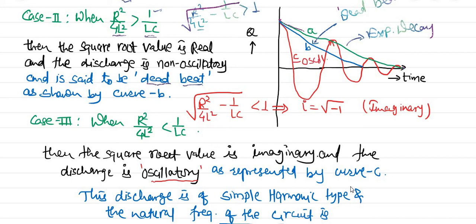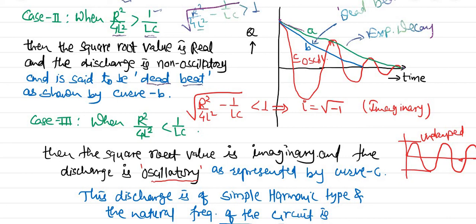This one is non-oscillatory, but the red color curve C, by looking at the curve you can see it is oscillatory, but obviously damped, because the amplitude does not remain constant. If the amplitude remains constant, such a curve is known as undamped simple harmonic motion, because the amplitude does not decrease after every cycle.